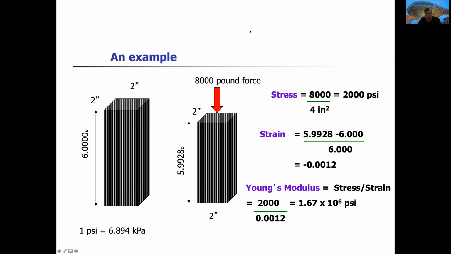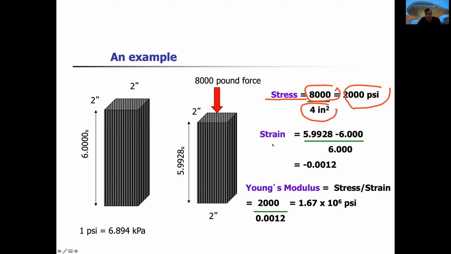This load obviously will cause some kind of compression in the material. What will be the stress? Very simple. We divide the load by the area, with load in pounds and area in square inches. We have a result in this particular case of 2,000 psi, pounds per square inch.